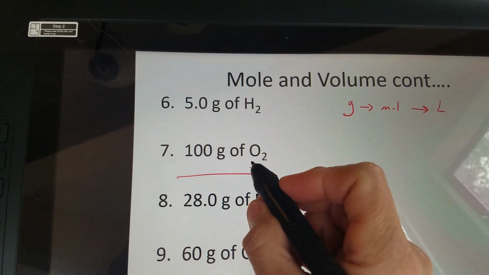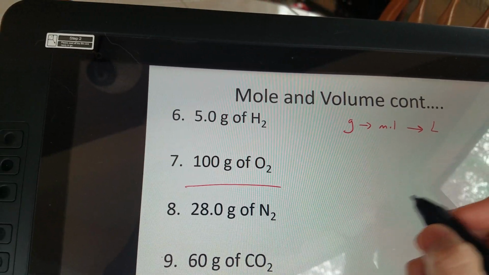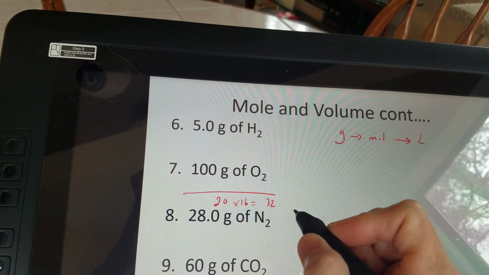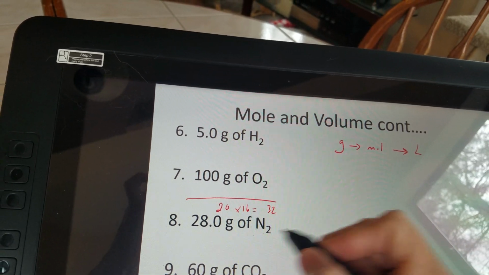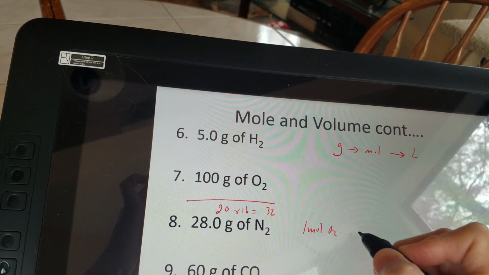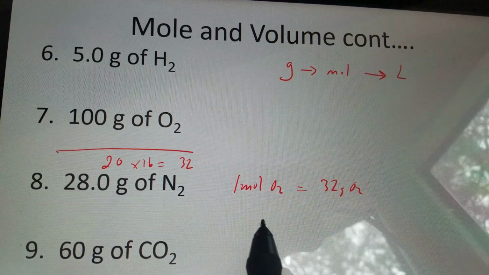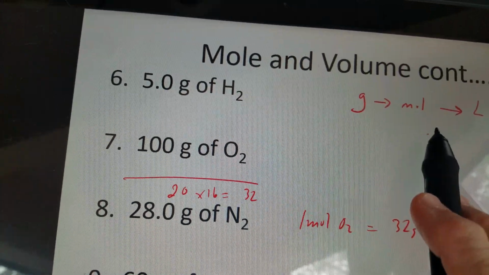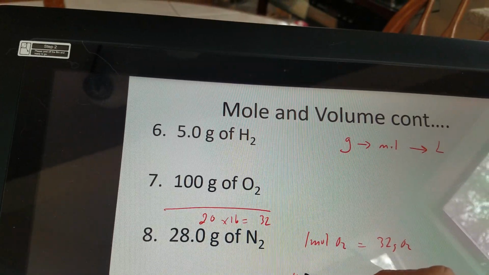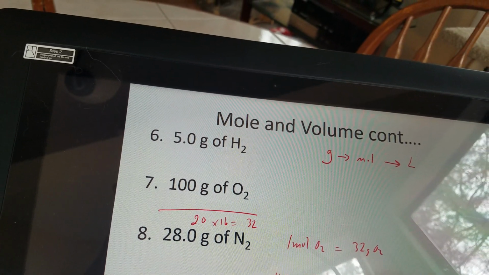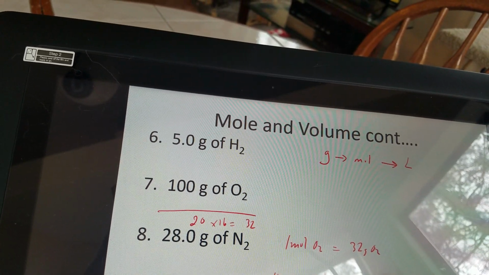So the first thing I would do is get my gram formula mass for my oxygen. So I have 2 oxygens, each at 16, so that's 32. So that's telling me that for 1 mole of oxygen, it's 32 grams of oxygen. So that's going to be the conversion factor between the grams and the moles. So I'll start off with my 100 grams. I want my grams on the bottom so that that unit could cancel.